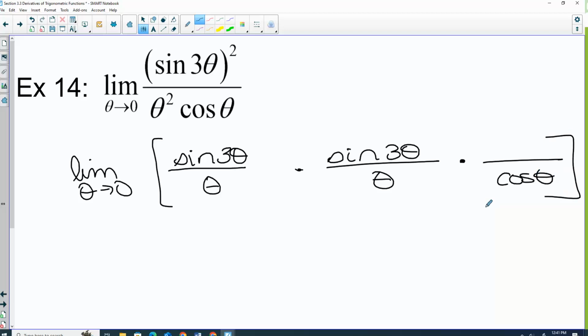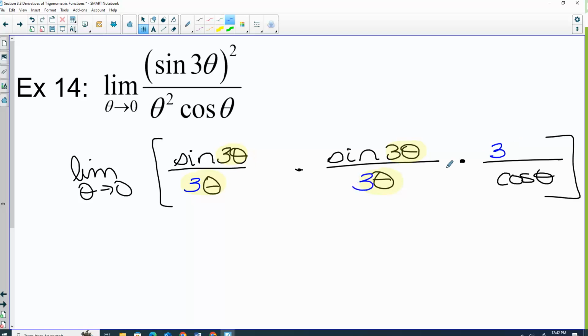Would it be 9, right? Are you guys with me to this point? Sure am. So, in order for this to work, the argument has to be on the denominator. So I need sine 3 theta over 3 theta. I'm going to put a 3. I have to put one on top somewhere, so I'll put it over here.